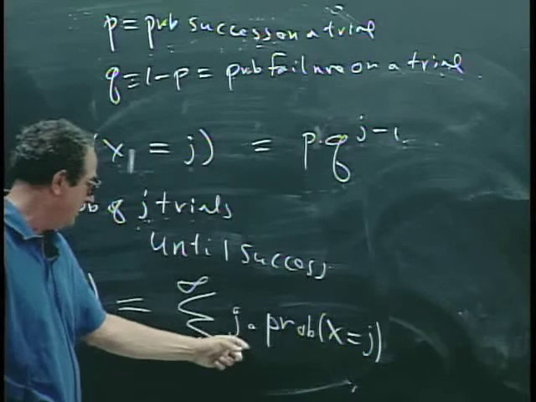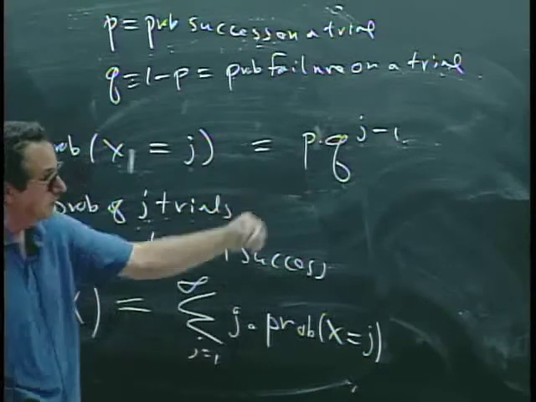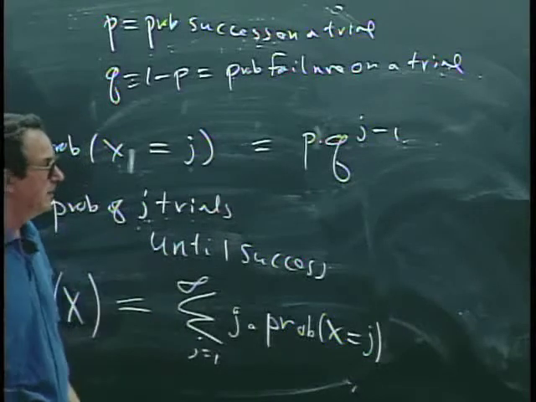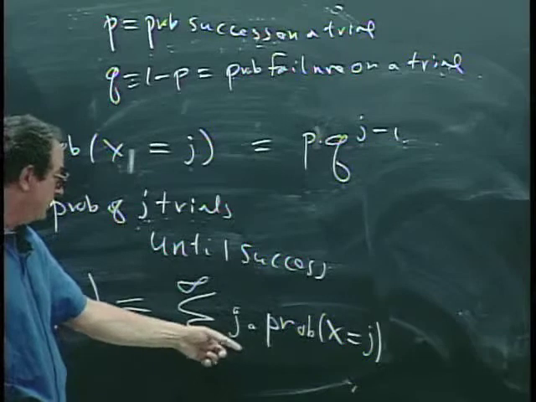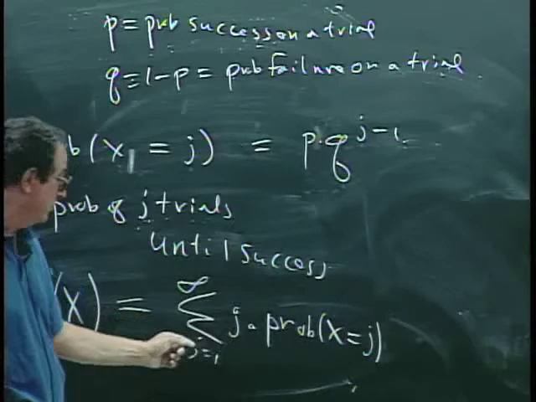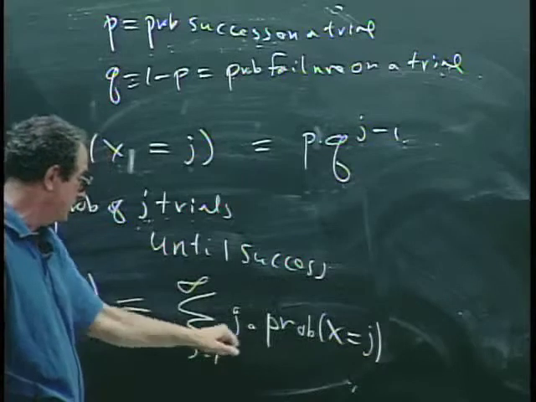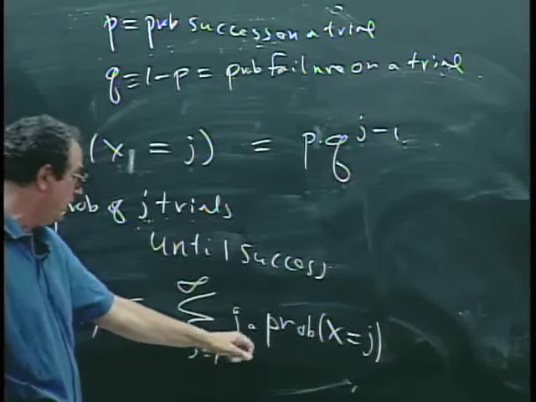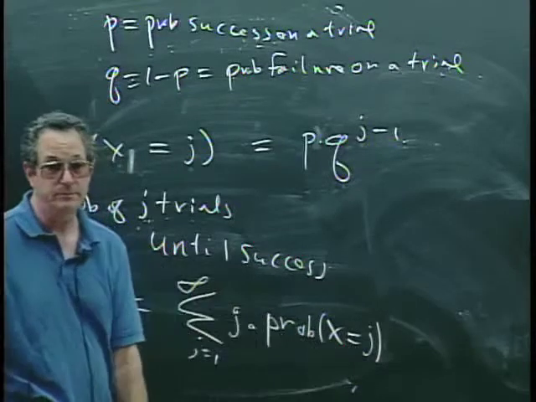But if you did the empirical thing, you'd be taking the average of what you actually observed. Analytically, it should converge to this: the sum over all the possibilities of j, each time multiplied by the probability that x equals j.